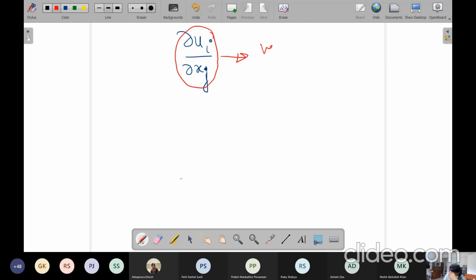So we call it a velocity gradient tensor. The velocity gradient tensor is, again, a mathematical quantity. You can see two indices i and j are there, so it's a second order tensor.